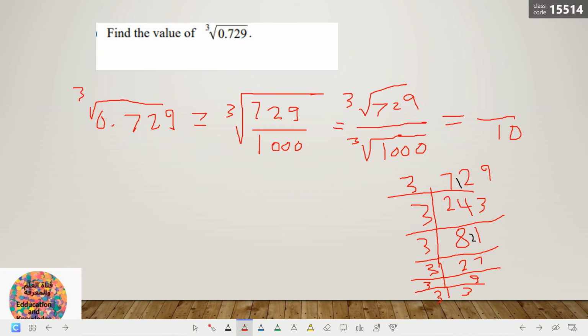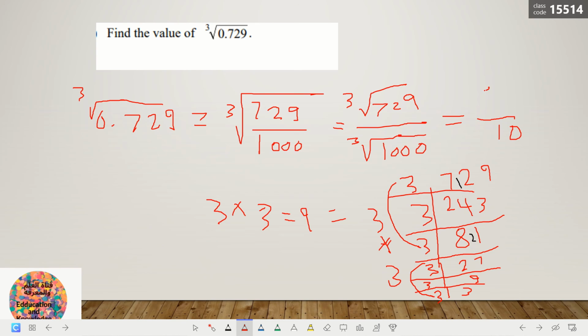So I finished now. Now how can I find the answer here? Because it's a cube, from each group of 3 equal numbers I take one of them. Now here I have a 3 also, I take 3. Then I multiply these numbers together. So 3 times 3 is equal to 9.